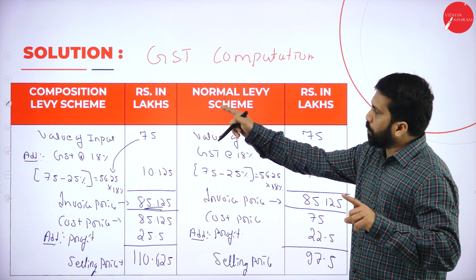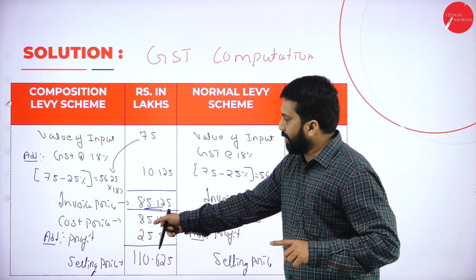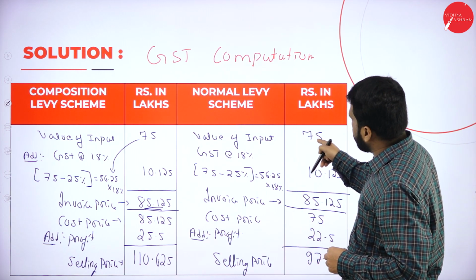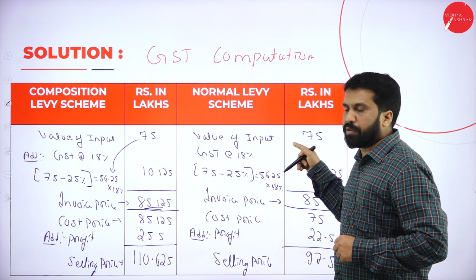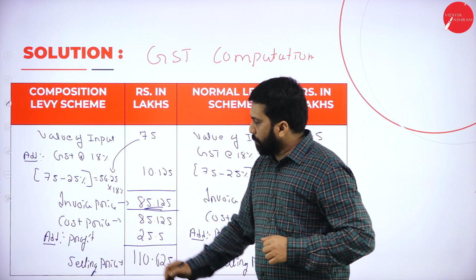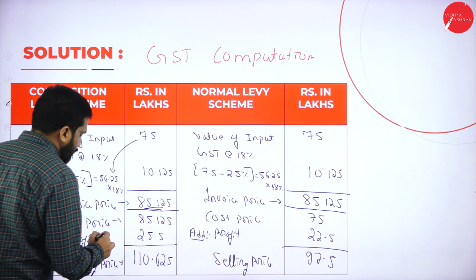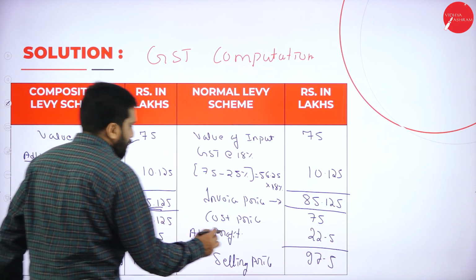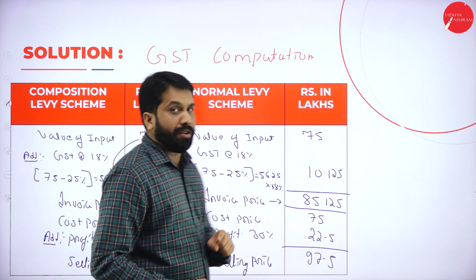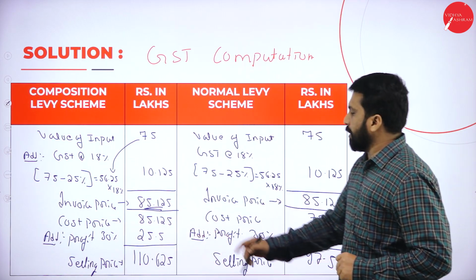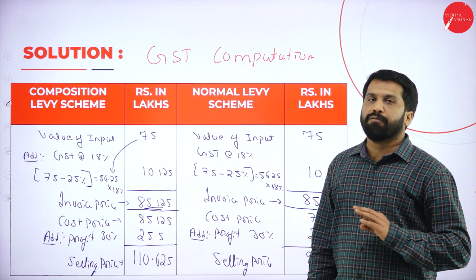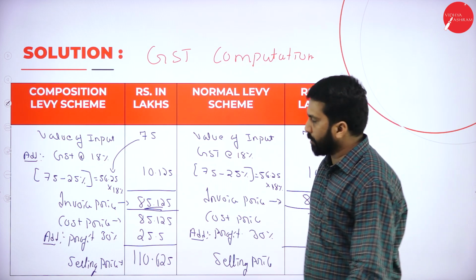But under composition scheme, this itself is your cost price. Under normal levy scheme, the cost price is always your value of input only. Now, on that we should add profit. What is the profit percentage? 30%. Here also 30%. If you add profit, you get your selling price. The selling price 110.625 and selling price 97.5. Hope you are clear. Yes, good.